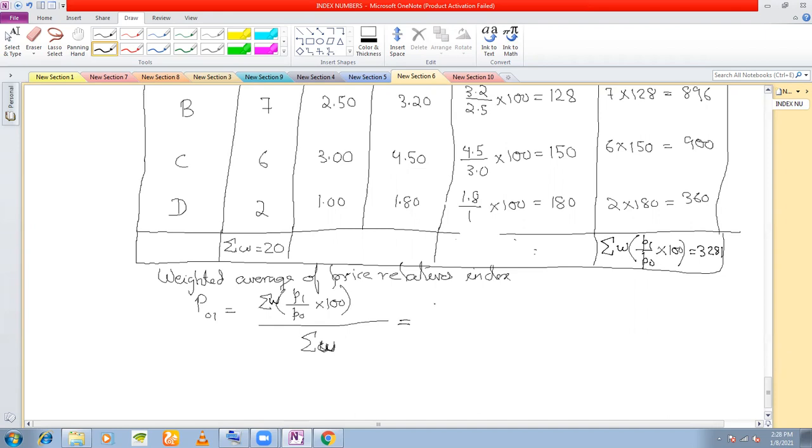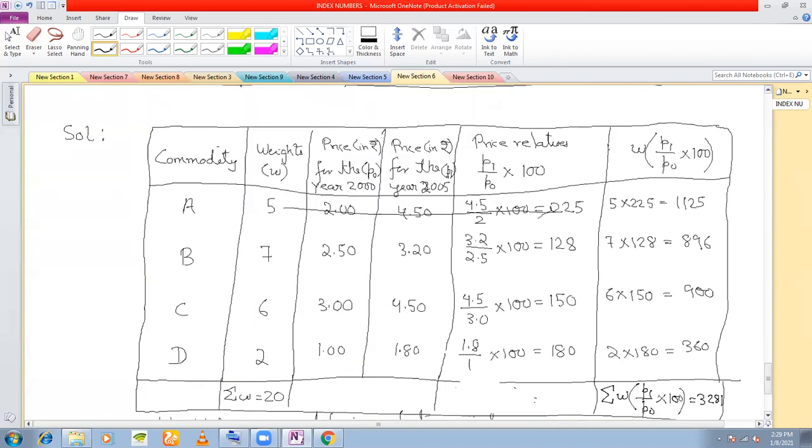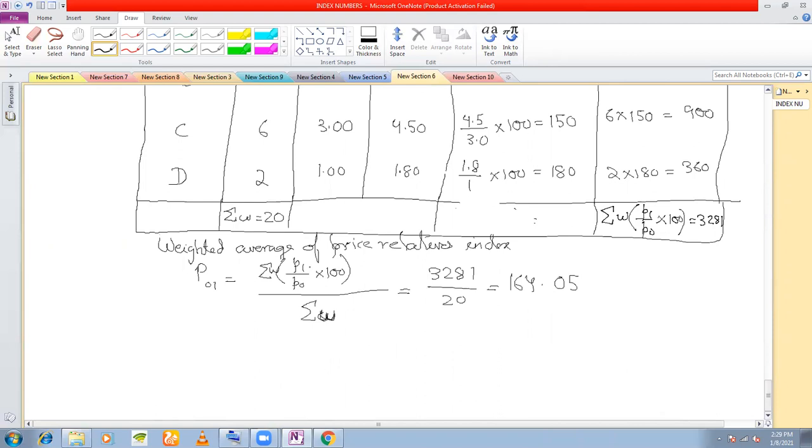So you have 3281 divided by 20, which will give you 164.05. Okay, you have to add up this column because the numerator in the formula is summation W into P1 by P0 into 100. Okay, that is why.